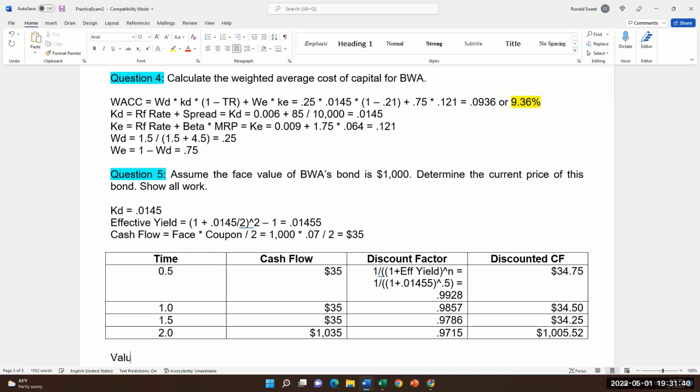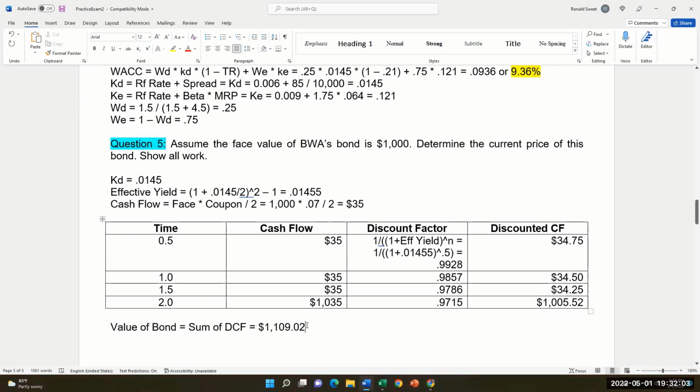And so the value of the bond equals the sum of the discounted cash flows, which should equal 109.02 or something in that ballpark. Here it looks like it rounds correctly because it comes out to 2 cents.